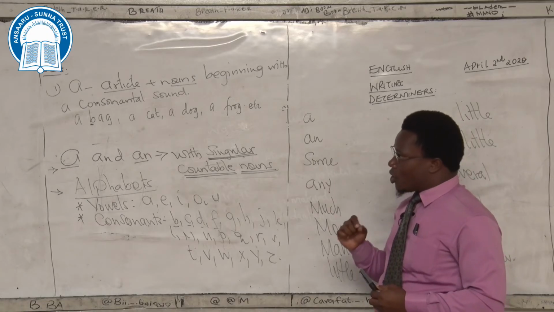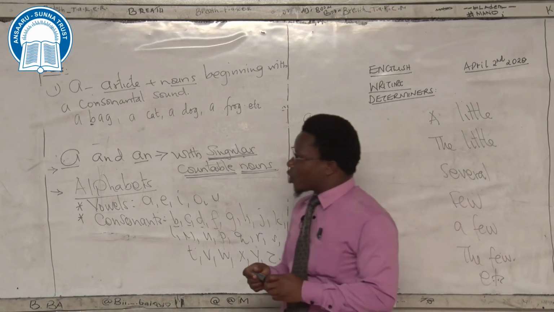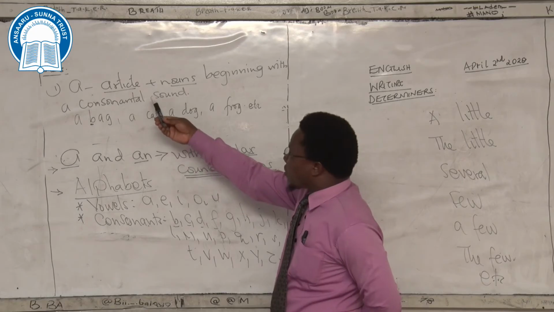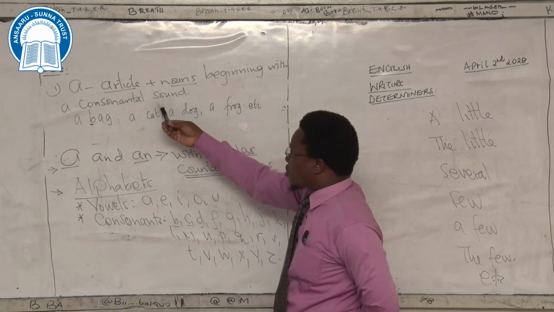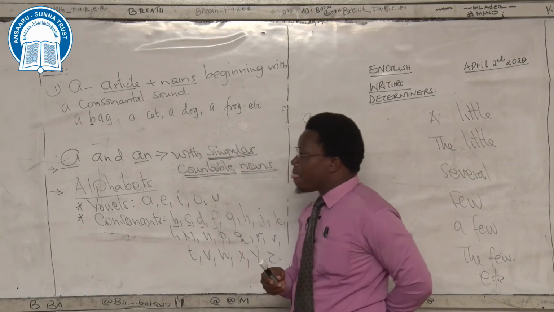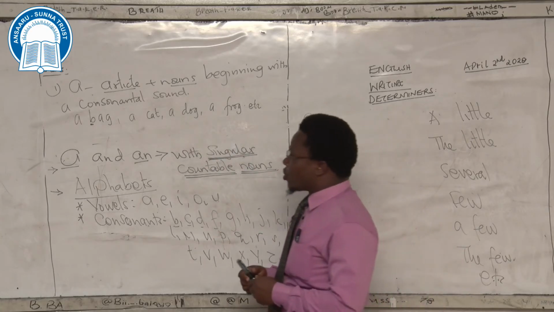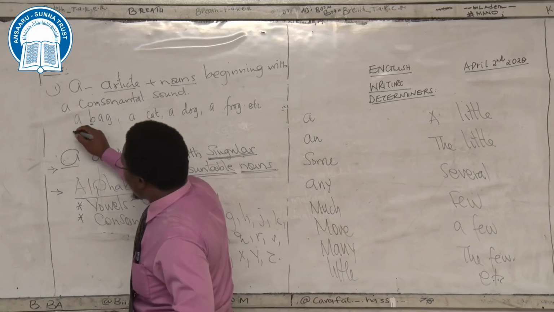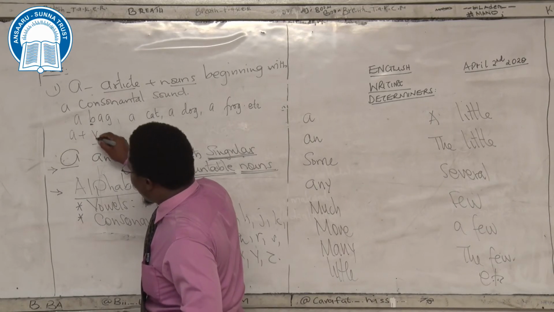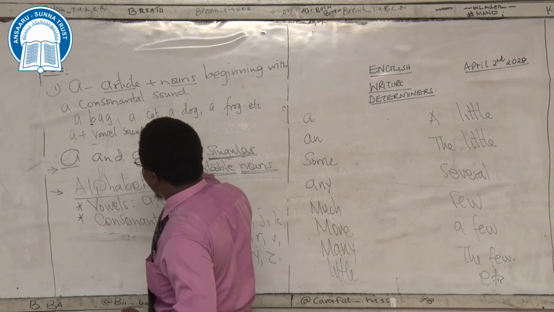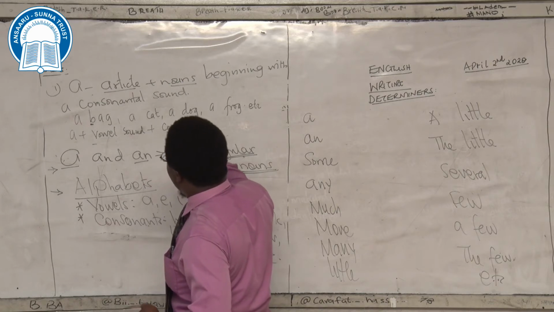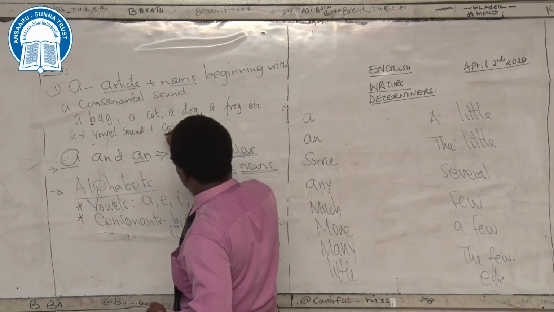You should also note that as much as we have said that the a article is used with nouns beginning with a consonantal sound, the a article is also used with nouns beginning with a vowel sound but pronounced as a consonant.